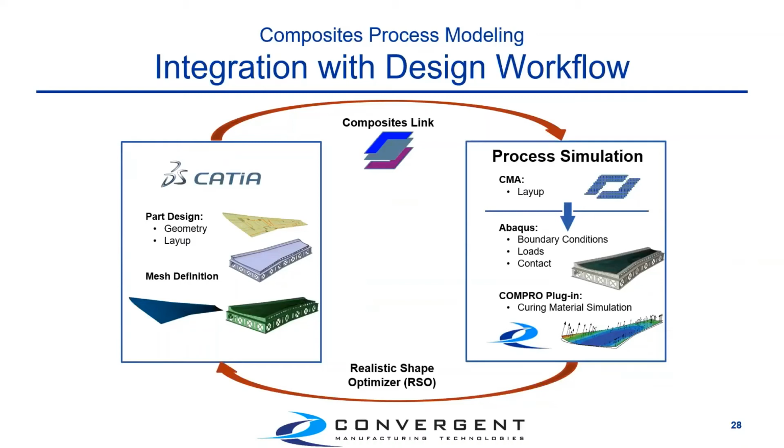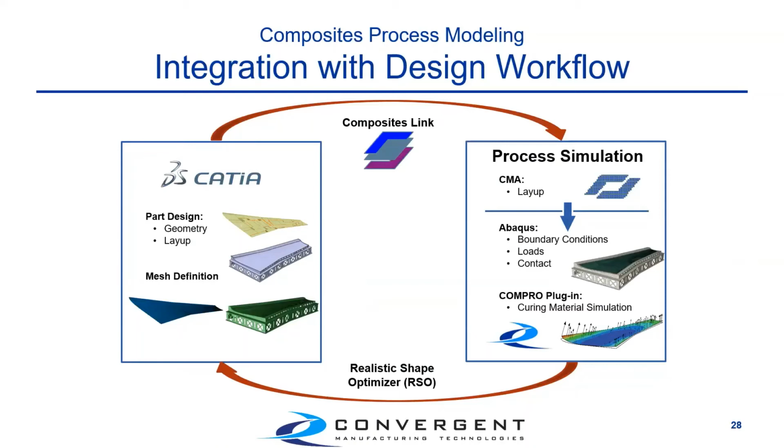Then inside ABAQUS, there is the Composite Modeler software or plugin that's again offered by Dassault Systèmes that will help you build the 3D representation of the part from the surface definition and the layup. So if you have a quite complex definition of layup and ply drop-offs, that tool can be very useful to build the 3D geometry and use the 3D geometry in COMPRO to do all the calculations.